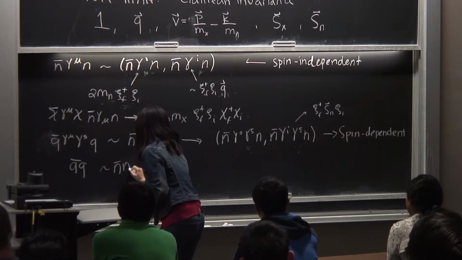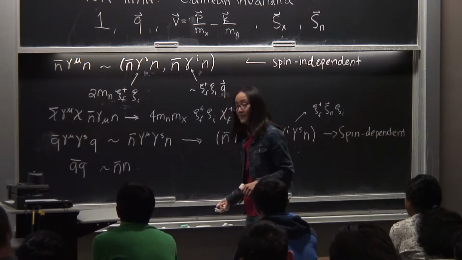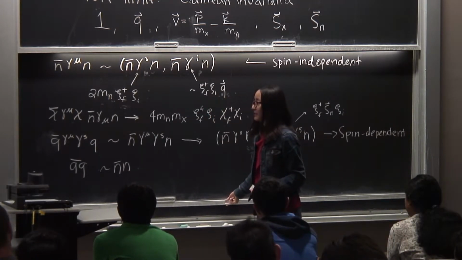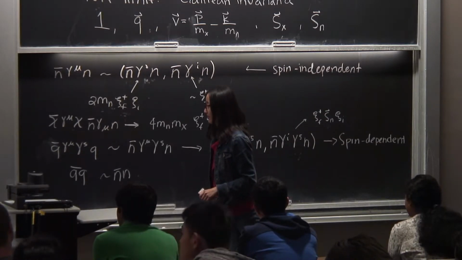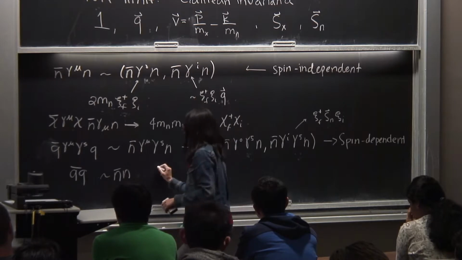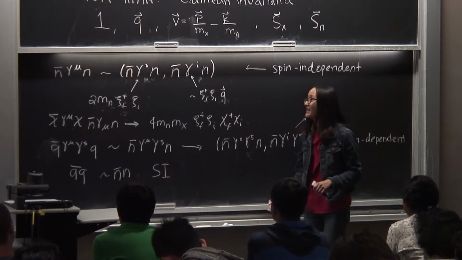Because, well, it's a scalar, so we can expect it to behave the same way as this first part. I meant spin independent. Sorry if I said spin dependent. Yeah, spin independent.